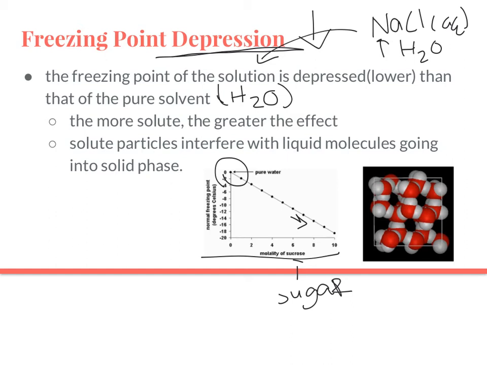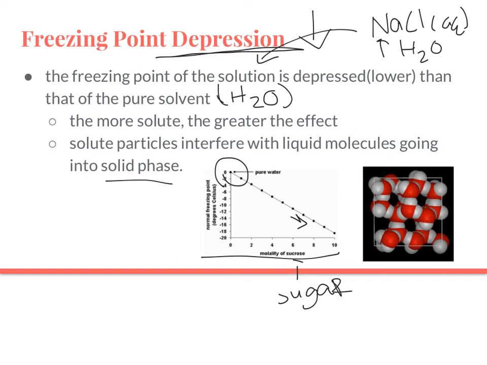The reason why is the more solute that I have, the particles are going to interfere with those liquid molecules going into the solid phase. And so it's going to take longer and a lower temperature to get that liquid water into the solid phase.